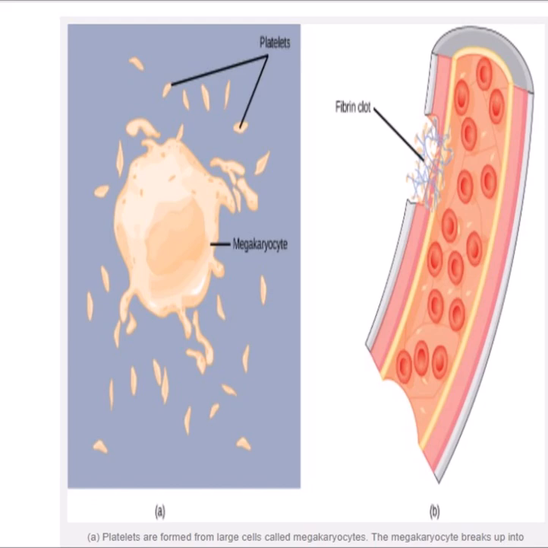Many of the clotting factors require vitamin K to work, and vitamin K deficiency can lead to problems with blood clotting. Many platelets converge and stick together at the wound site, forming a platelet plug, also called a fibrin clot. The plug or clot lasts for a number of days and stops the loss of blood.